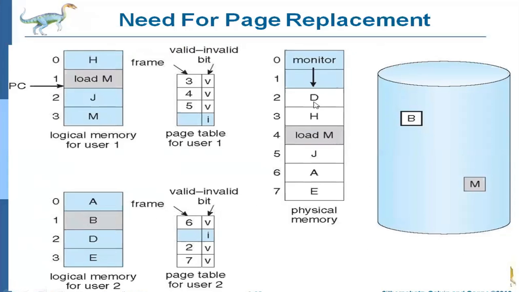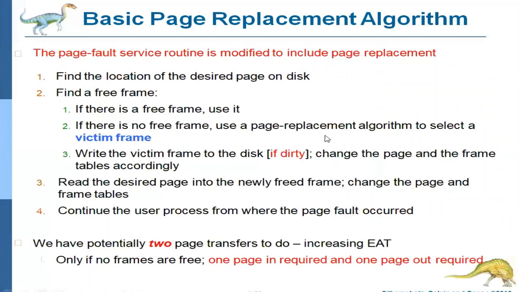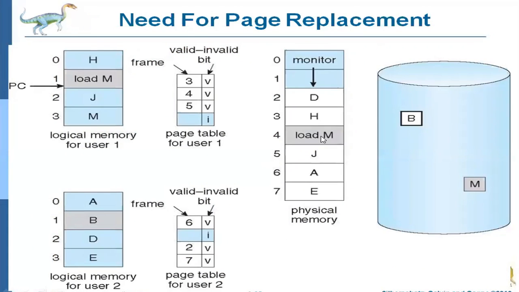That means here any unwanted page we can swap out from the main memory to disk, and that particular B page can be swapped into the physical memory. So in that way we can swap a page from main memory to disk, or disk to main memory. Is it clear how to replace those pages?